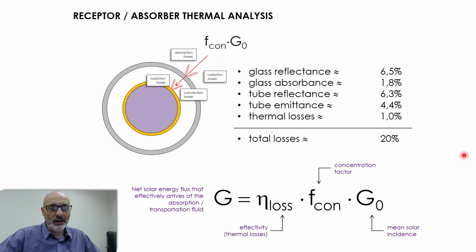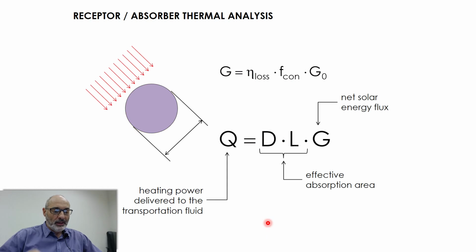This accounts for roughly 1%, and total losses are roughly 20%. So by accounting for all of this, the net solar energy flux that effectively arrives at the absorption transportation fluid, we're going to name this G. It's the concentration factor times the mean solar incidence times this efficiency, or 80% in this case, the thermal efficiency.